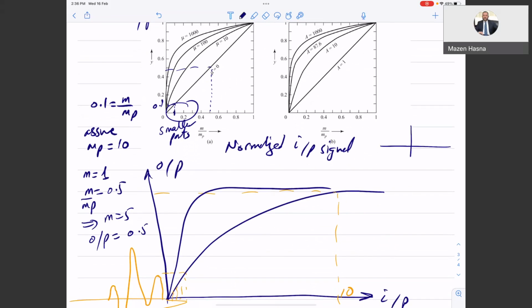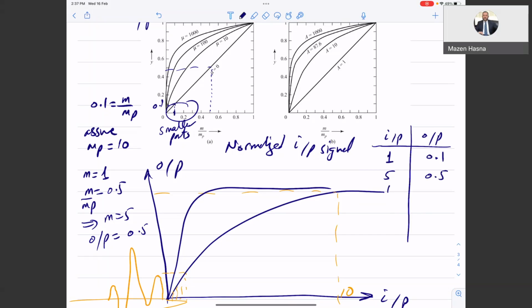This is the input, this is the output. If m is 1, then 1 over 10 is 0.1, and the output is 0.1. When the input is 5, then 5 over 10 is 0.5, and the output is 0.5.